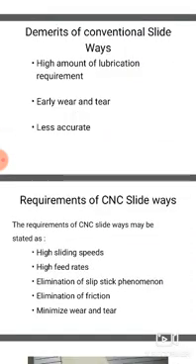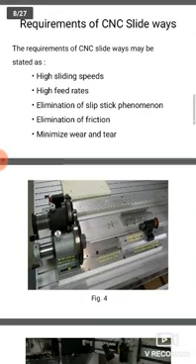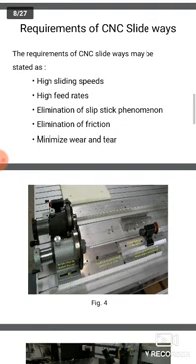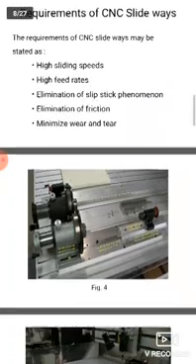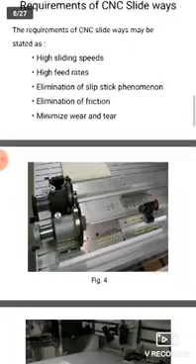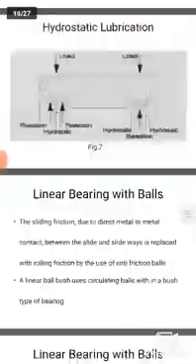Next, demerits of the conventional slideways. Also we have seen the requirement of CNC machine slideways. Why do we require them? High frequency, high speed rate, all are more in this. So to eliminate all this, elimination of friction, there are different types of slideways also.